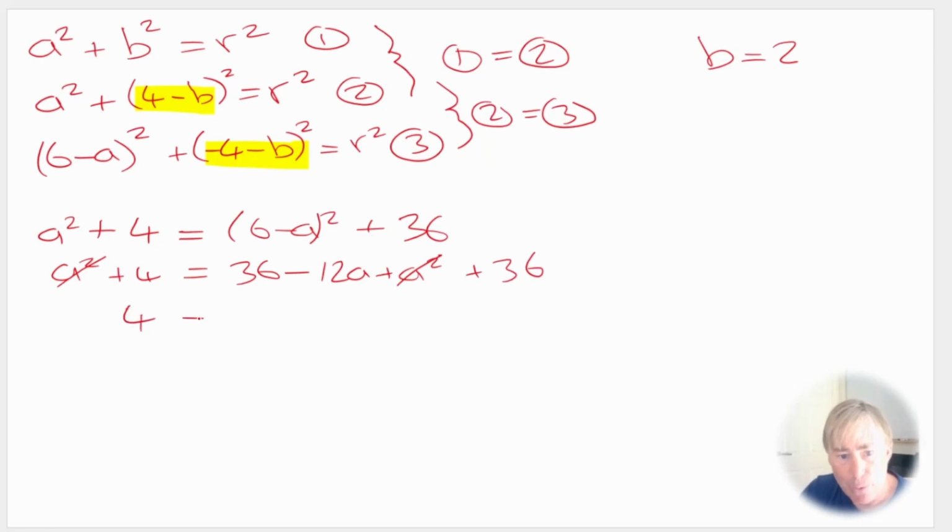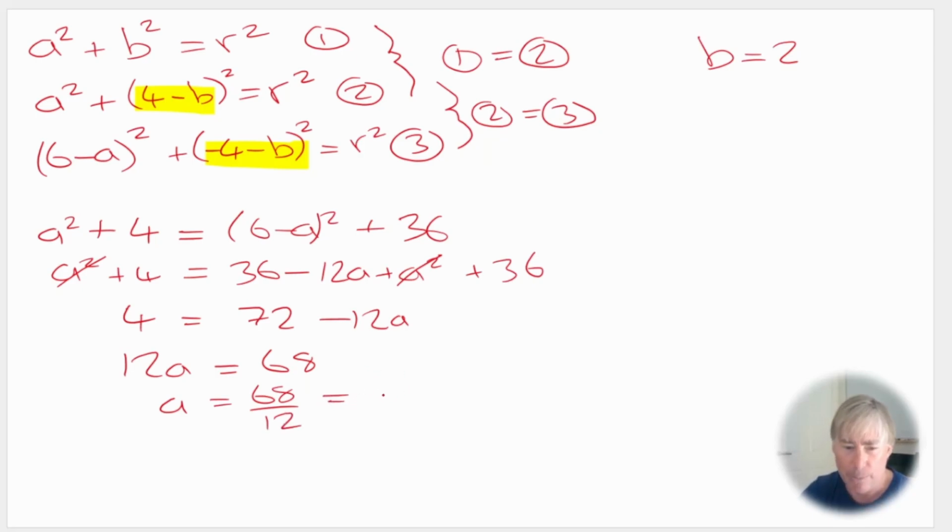So 4 is equal to, let's do this step by step, 72 − 12a. I'm going to subtract 4 from both sides and add 12a, so I get 12a equals 68. So a is equal to 68 over 12, which becomes 34 over 6, which is 17 over 3. A little bit more awkward, but we now have a value of a.